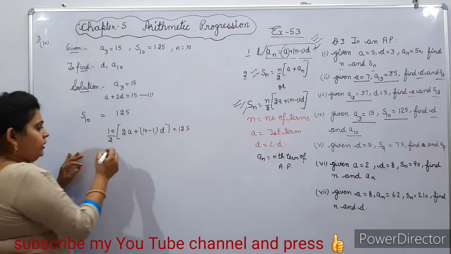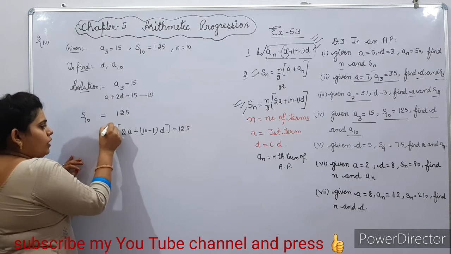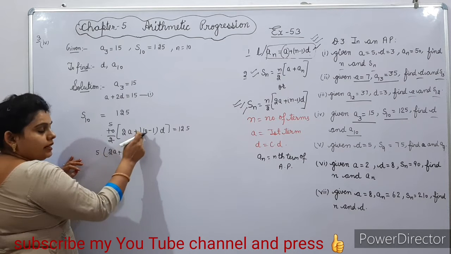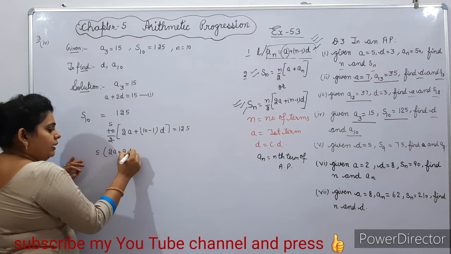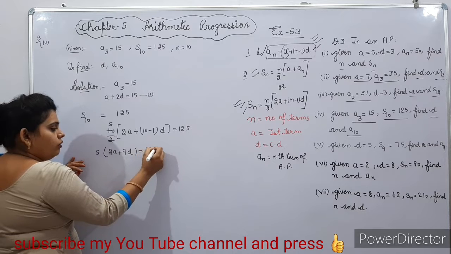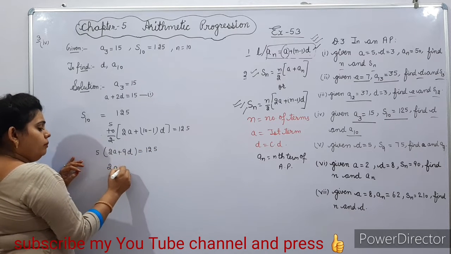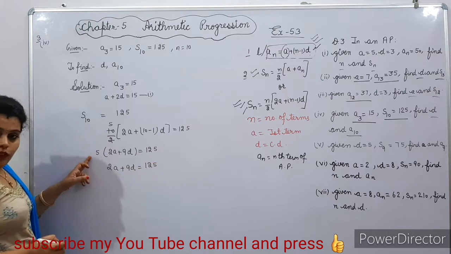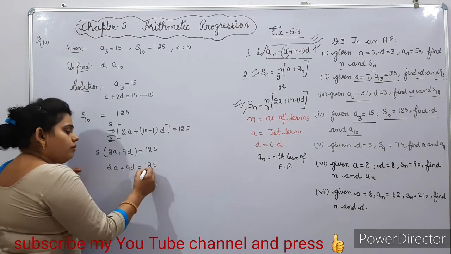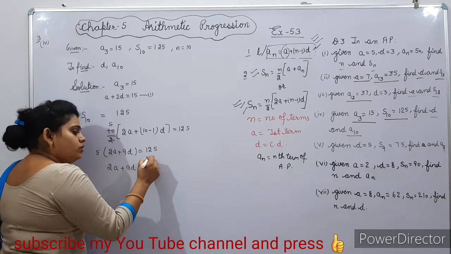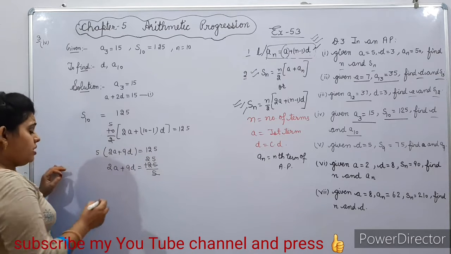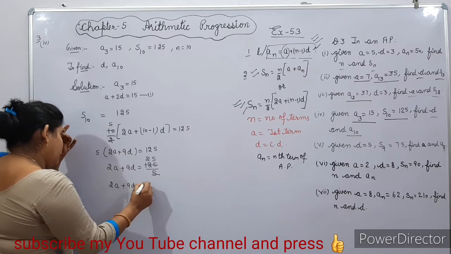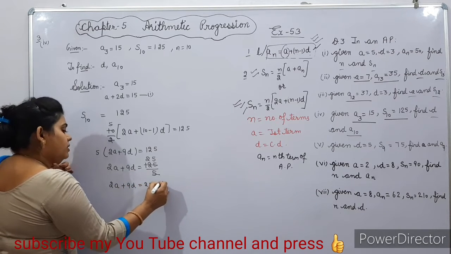Now on solving this, what we will get? 2 5s are 5, into 2A plus 10 minus 1, that is 9D, and it is equal to 125. This 5 is in multiplication and here it will come in division. So from here 2A plus 9D is equal to 25, and this is equation number 2.